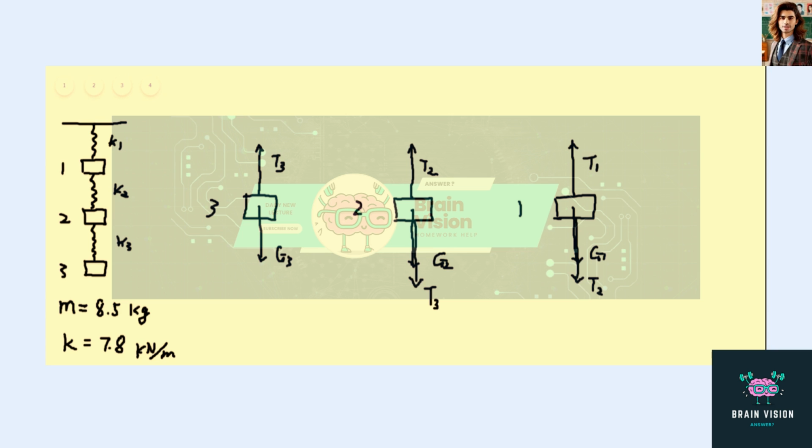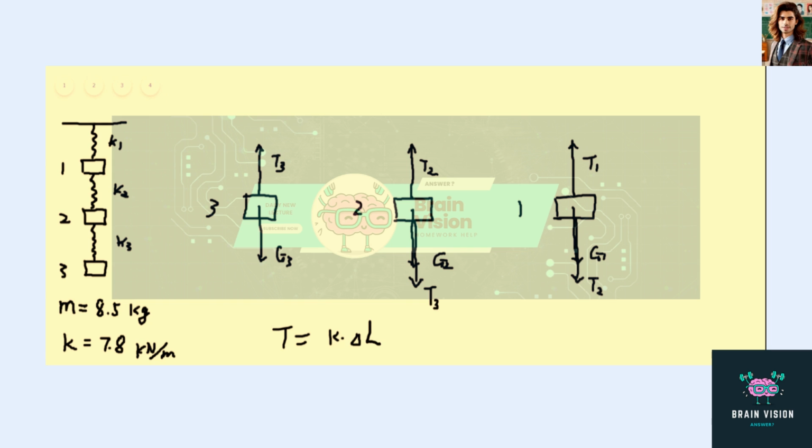And now let's solve the second part, which asks for the length of each of the springs, which is equivalent to asking for the displacement of each of the springs, which, if you remember Hooke's law, is T equals K times delta L. T is the spring force, K is the spring constant, delta L is the displacement of this certain spring.